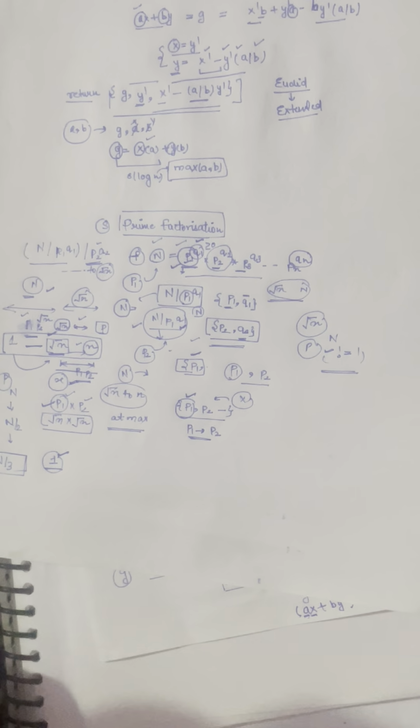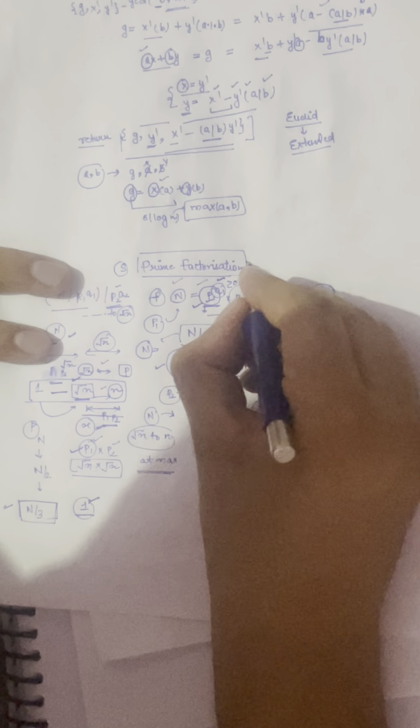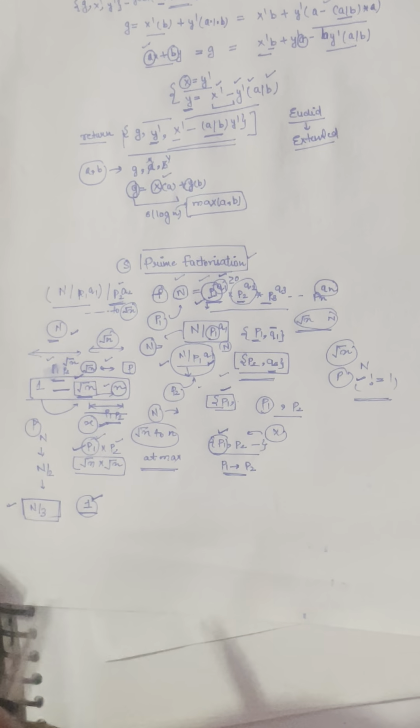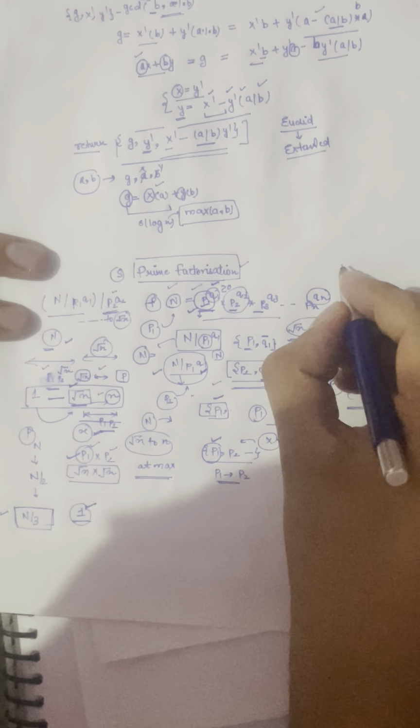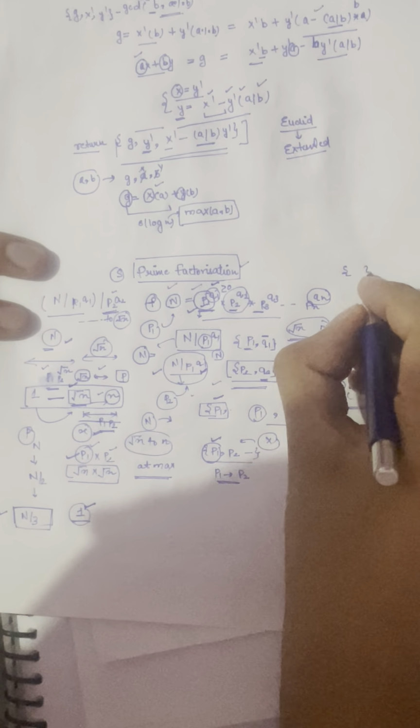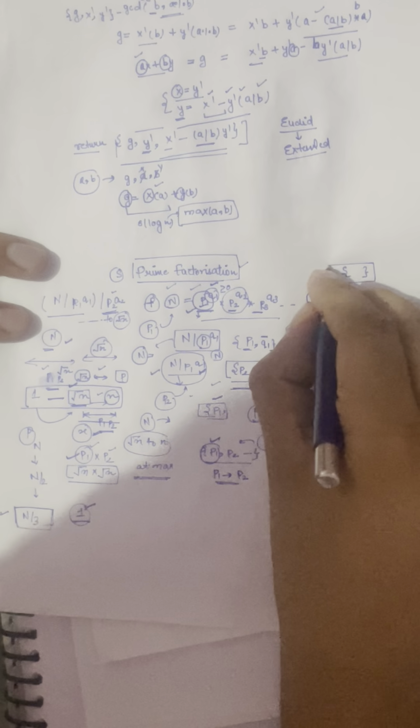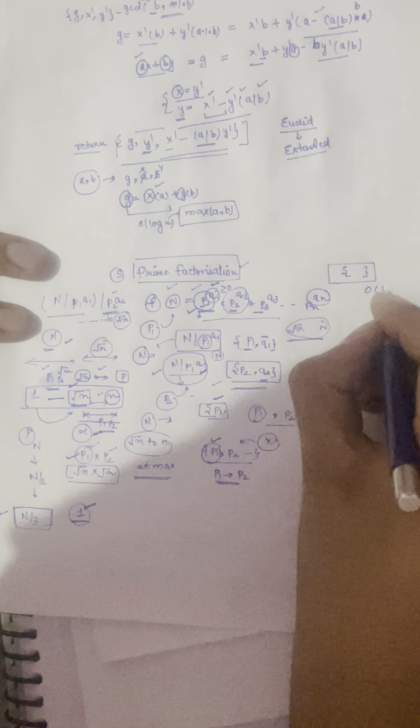So this is the prime factorization. Any number, we would be able to express it as powers of prime numbers, prime factors. We would be able to generate these factors along with their powers in root n time.